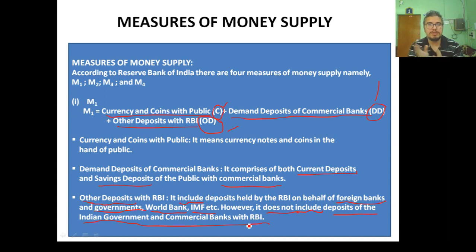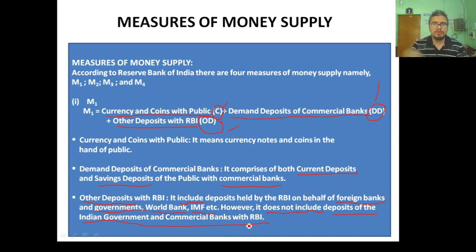And other deposits with RBI include deposits made by governments of foreign countries and foreign or international institutions like World Bank, IMF, etc. And it does not include the deposits made by the Indian government or the state governments in India and commercial banks of India with RBI. Okay, hope you have understood this.